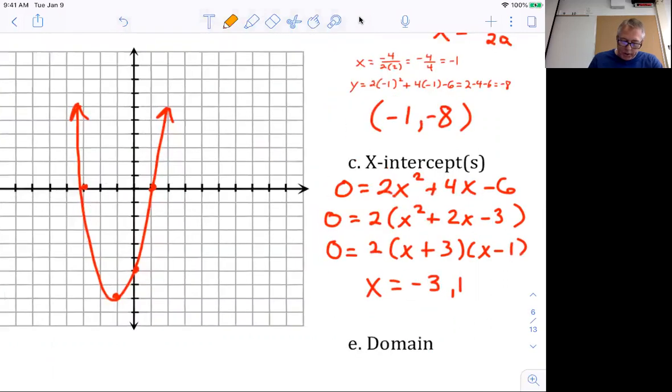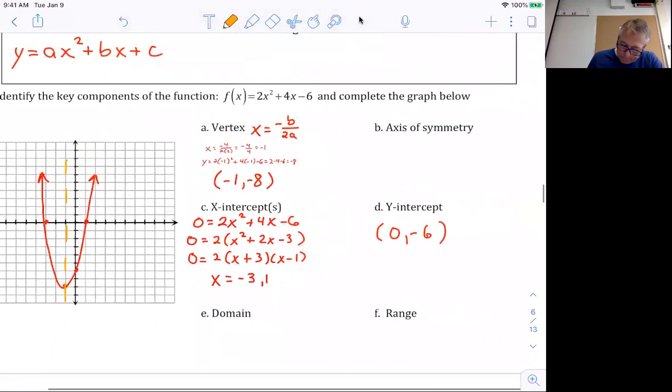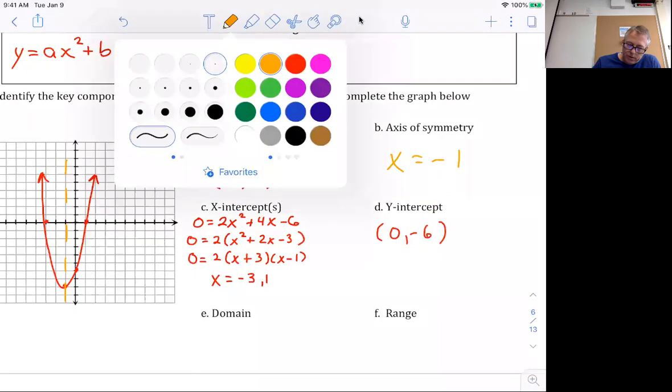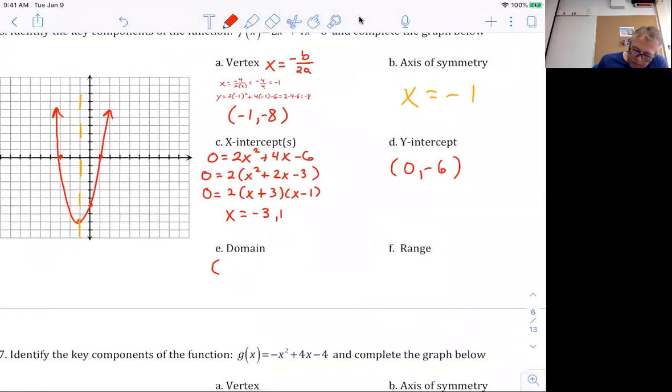Our axis of symmetry is the axis that's going to cut it in half. So that's the line x equals -1, which of course is the x value. The domain is all real numbers.